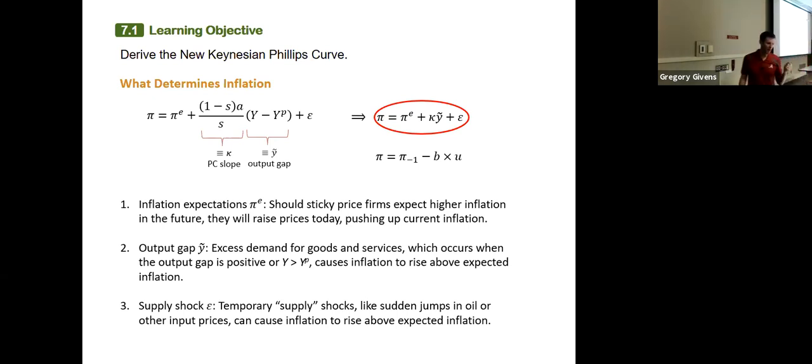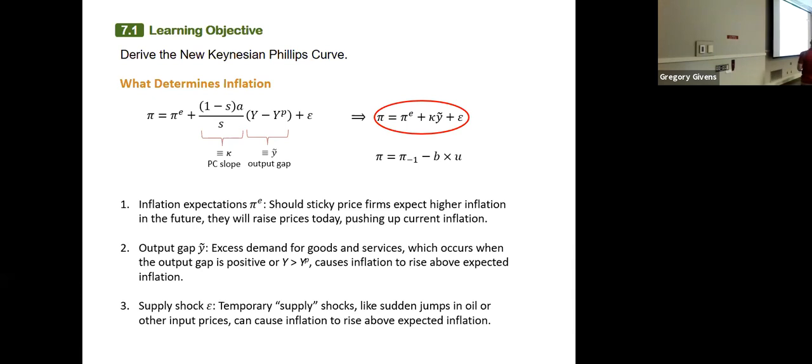When these firms in our economy that have sticky prices suddenly think that prices are going to be higher in the future, they start to increase their own prices, which puts upward pressure on the actual price level and therefore inflation. So again, the reason why expected inflation is a key right-hand side variable is because of the existence of these sticky price firms in the economy.